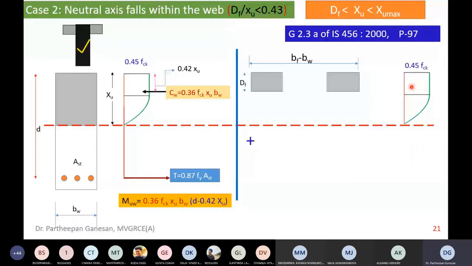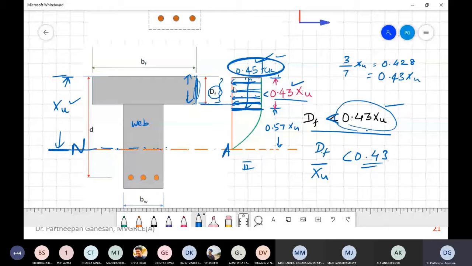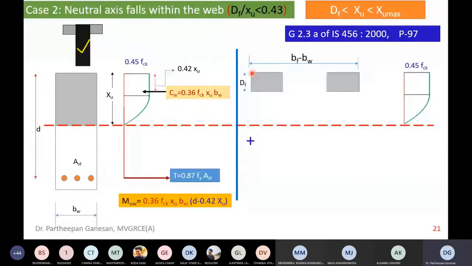Because as I showed you on the whiteboard, over the thickness of the flange, the stress acting is only 0.45 fck because it is uniform. 0.43 xu is greater than df, so that is why only uniform stress is acting and the stress value is 0.45 fck. So if I want to find out, this is the thickness of the flange and it is here.